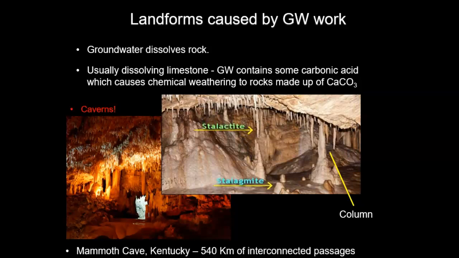Most caverns are created at or just below the water table in the zone of saturation, because you need groundwater to flow through in order to dissolve the rock. It is in this zone that the acidic groundwater will flow at lines of weakness within the rock, such as joints or bedding planes.